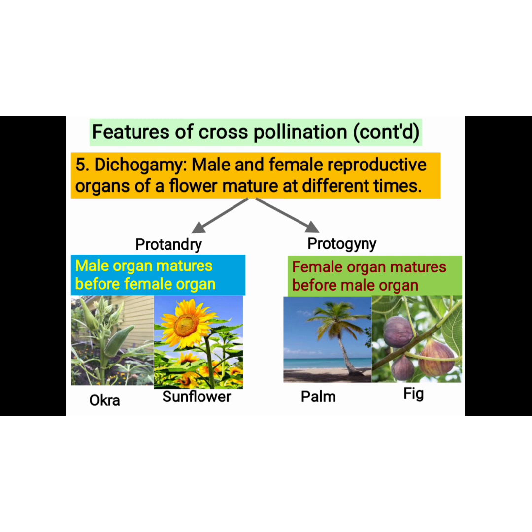In protandry, the male organ matures before the female organ, and we see examples such as okra and sunflower. In protogyny, the female organ matures before the male organ, and we see examples in palm and fig.